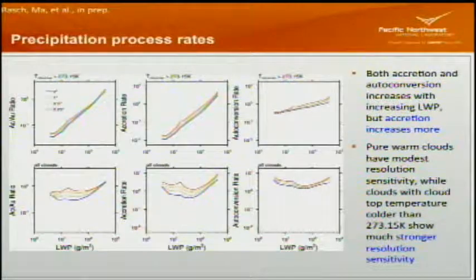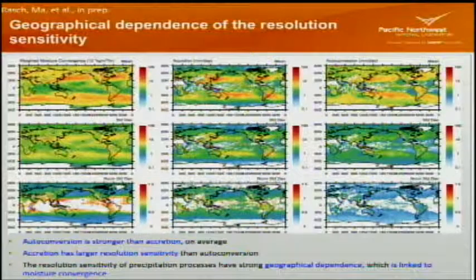And then we are going to maybe skip this. And this is the plot that shows the accretion averaged over 4 resolution simulations, and then taking the annual average. This is the autoconversion. So you can see on average, autoconversion is larger than the accretion.